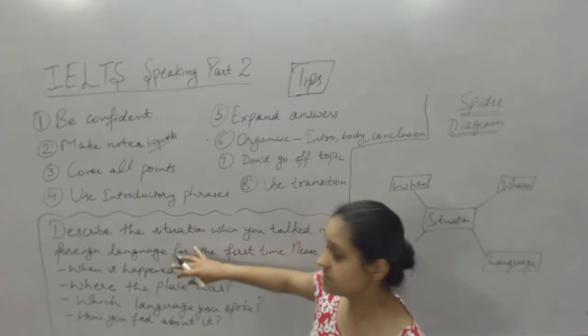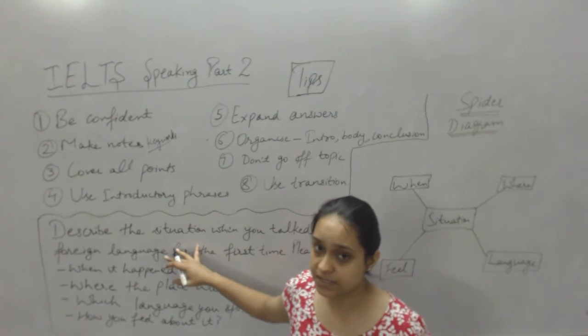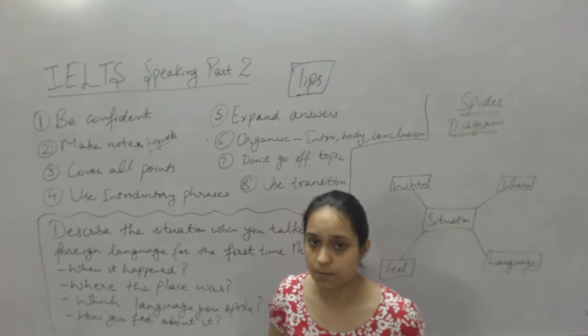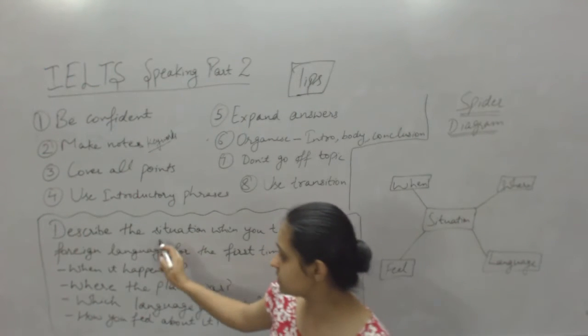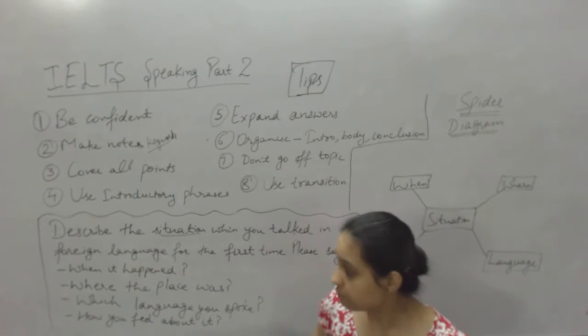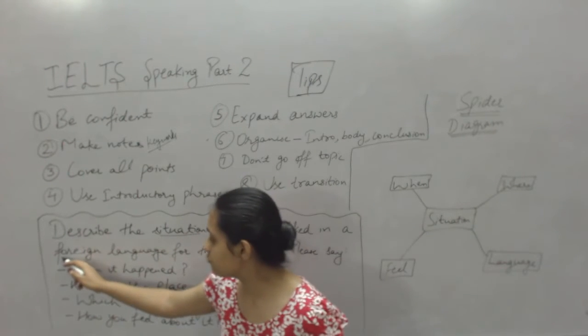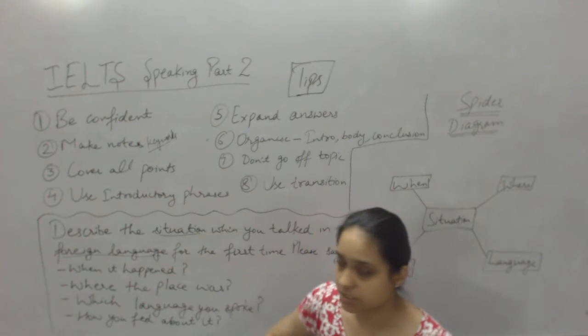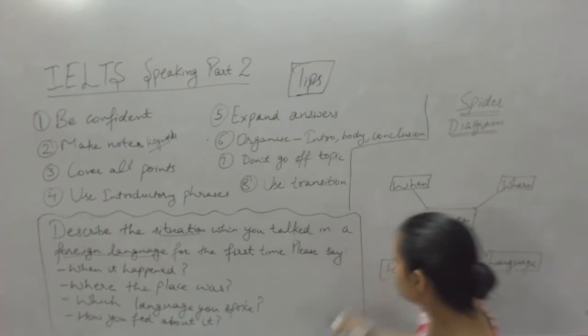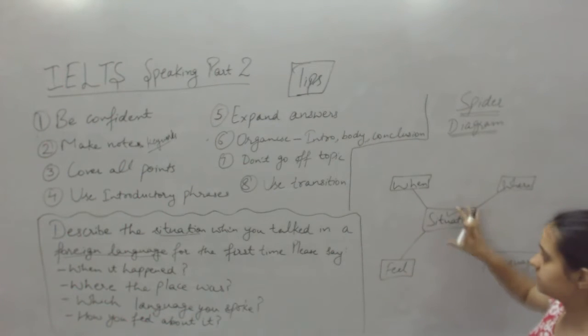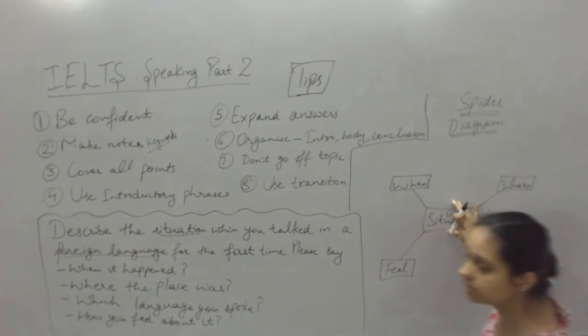Here is the sample cue card. It is better to use a spider diagram for managing your 1 minute preparation time. In this, you have to describe the situation when you talked in a foreign language for the first time. Then the first thing you have to describe is the situation. This is the main thing that you have to describe.